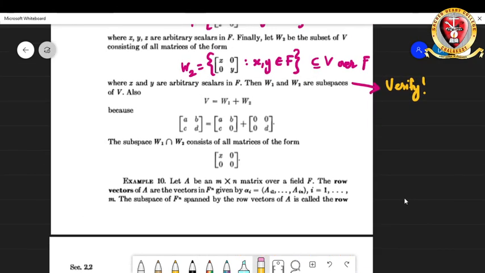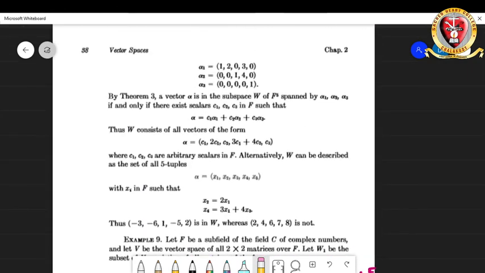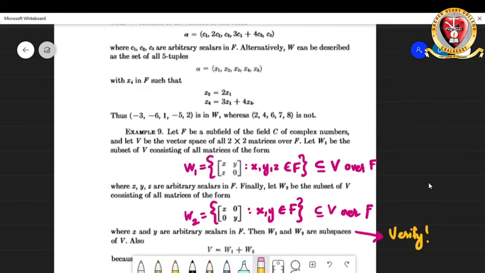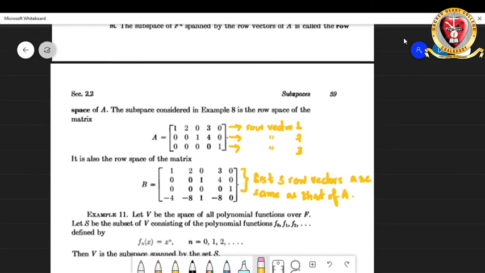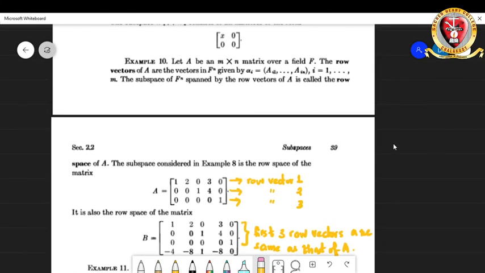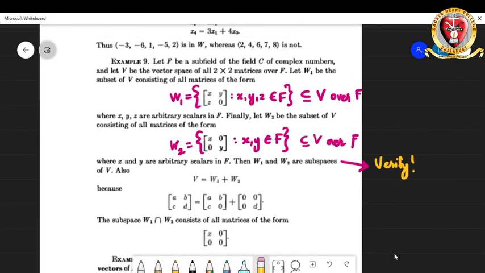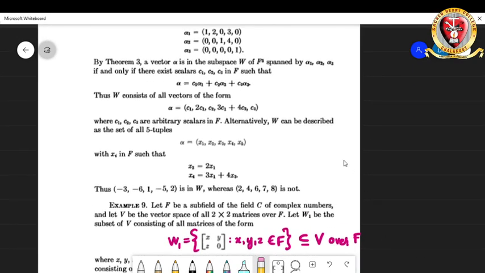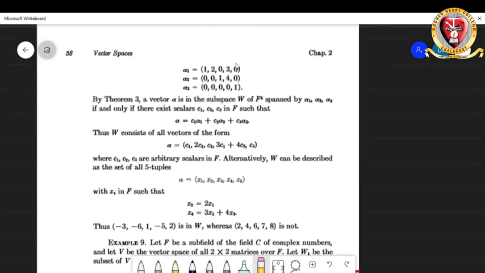So we had earlier discussed an example when we chose alpha 1, alpha 2, alpha 3. Take these as rows and form a matrix. So what you get as the matrix here is A equal to 1 2 0 3 0 0, 0 0 1 4 0 0, 0 0 0 1. The same rows we take here. So this is row vector 1, row vector 2, row vector 3. And we had formed a linear combination of those row vectors, right?